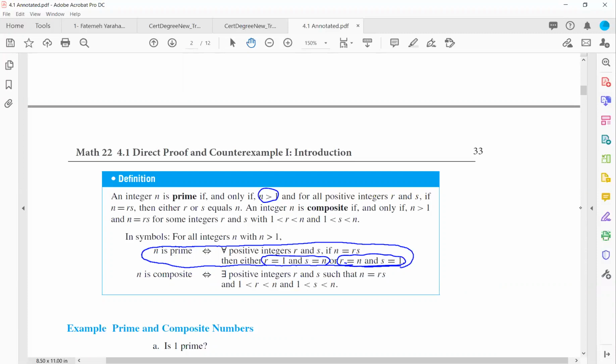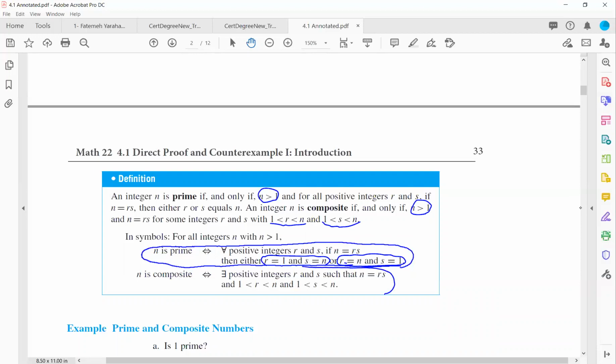We say that an integer like n is composite if and only if that number is greater than 1, and if n can be written as the product of two integers like r and s, with the condition that r is greater than 1, s is also greater than 1, they are both less than n.